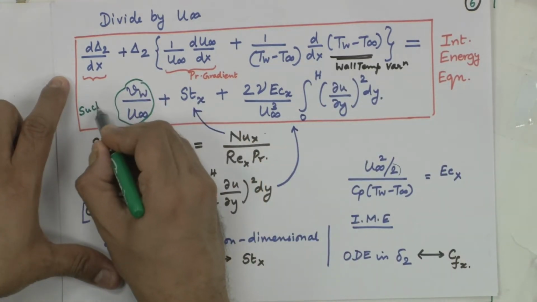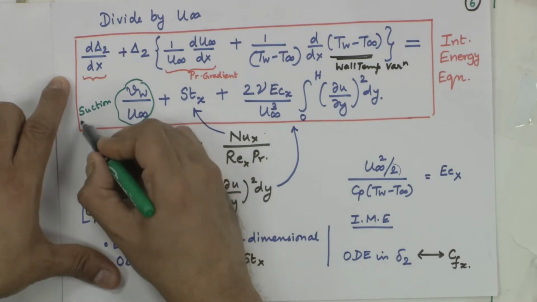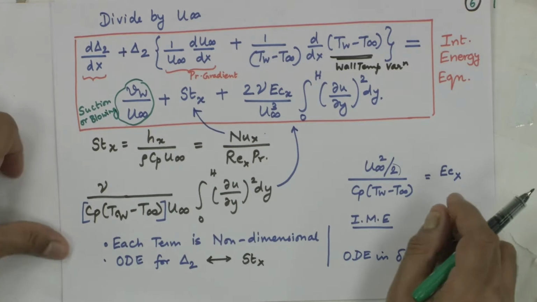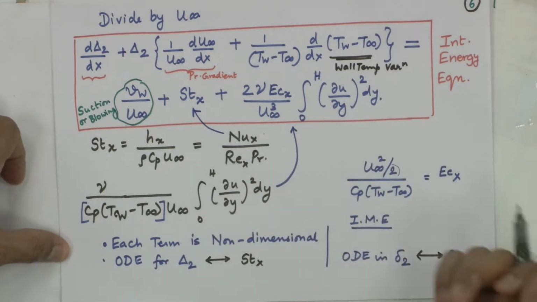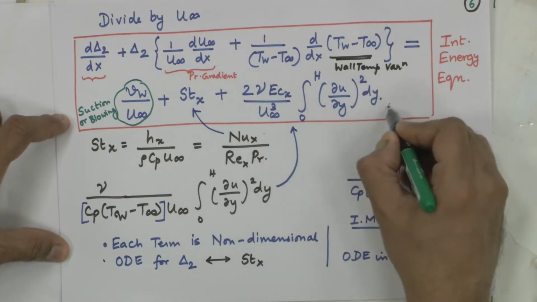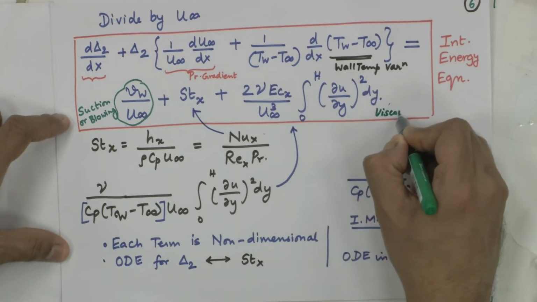This term is suction or blowing, where you are having a velocity from the wall either into the plate or into the geometry, or velocity of the fluid being taken out. This term is your viscous dissipation term.